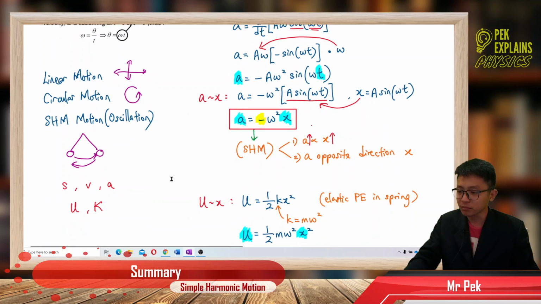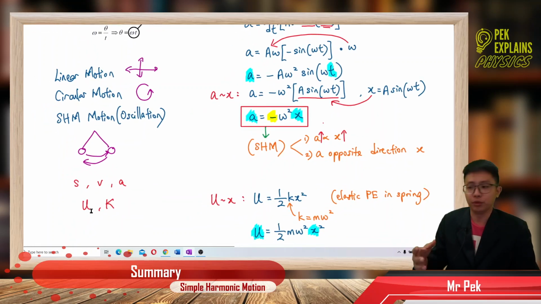Also, you learn about potential energy and kinetic energy. Before this, linear motion and circular motion had their own gravitational potential energy and kinetic energy. So in simple harmonic motion, we also have potential energy and kinetic energy, because you see this thing is oscillating, it is moving, of course it has kinetic energy.